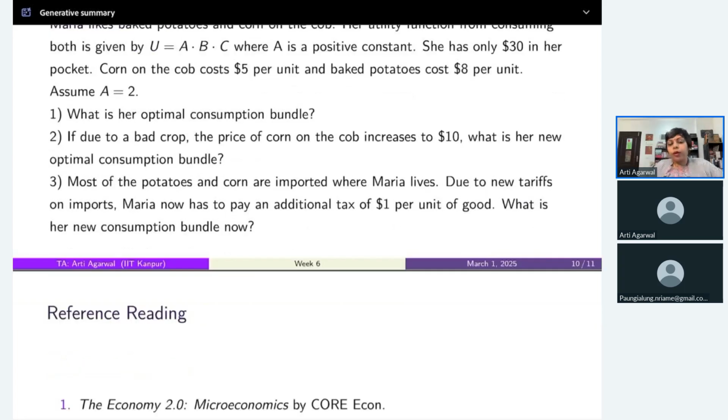So more than just solving it mathematically, I just again want to emphasize what is really happening in this particular situation. So now here I have just again given you that, this is $1 per unit of good. But if you are given, say, the demand and supply curves in the market for the different goods, for potatoes and for corn.